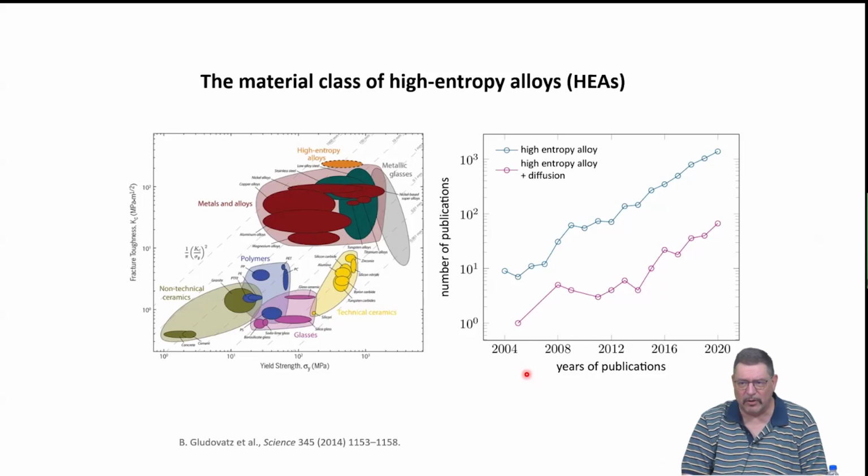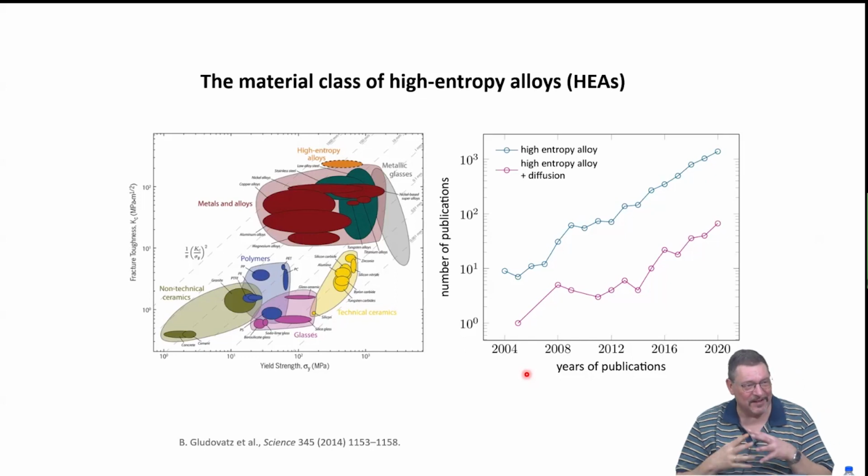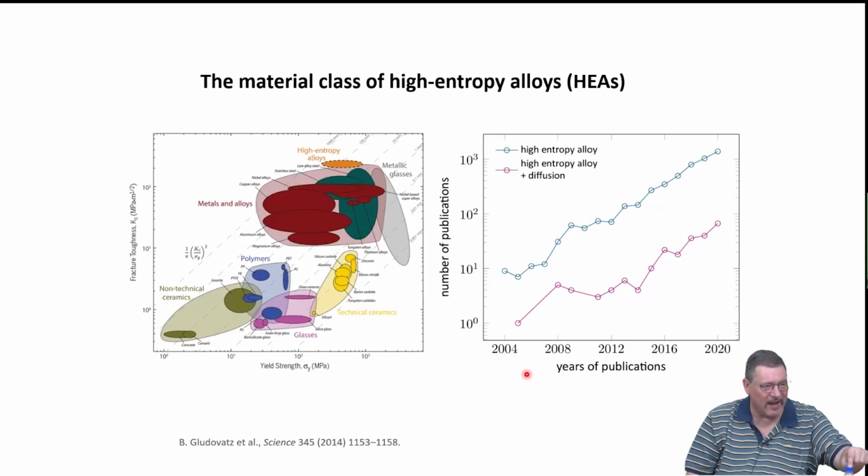Can you learn about the basic mechanisms of diffusion from such an experiment? Who thinks yes? Not exactly. It's not exactly, because the atoms A of this guy affect how the atoms B of this guy diffuse.